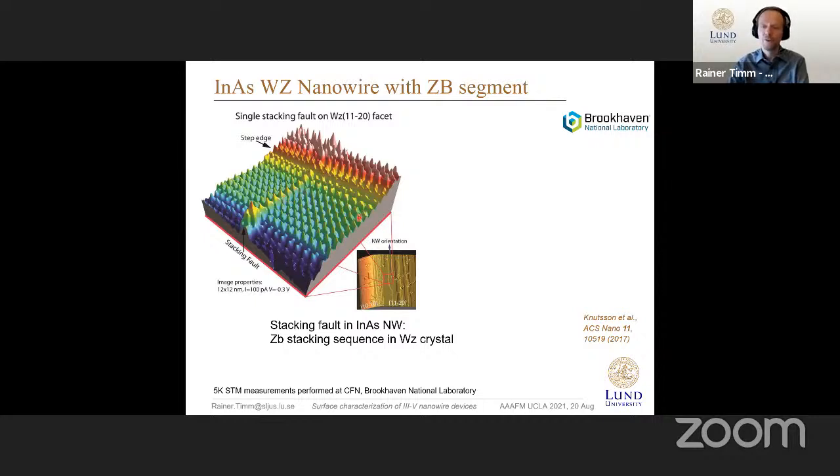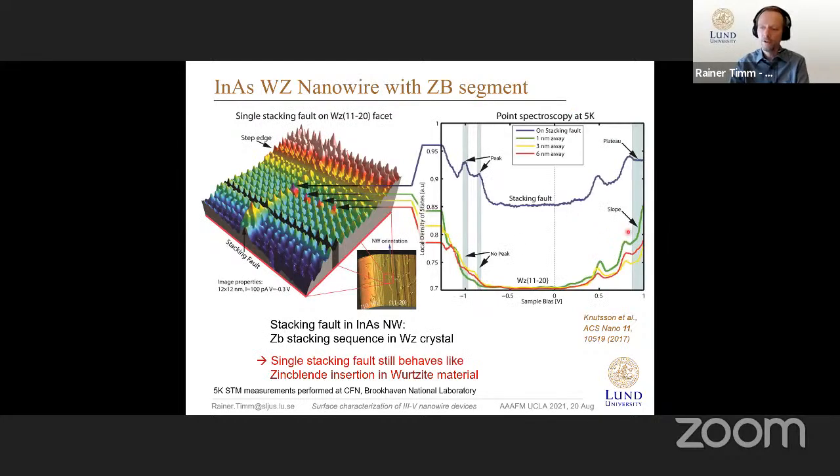And since we have done these STM images at low temperature, we have very high stability, so we can place our STM tip specifically at atoms of our choice and take spectra directly at this zinc blende insertion, or 1, 2, 3 nanometers away. And we can see as long as we are on the hexagonal Wurtzite area, we have the same footprint in our spectra and our density of states, but only directly at this stacking fault, so at this small insertion, we have a different arrangement of peaks.